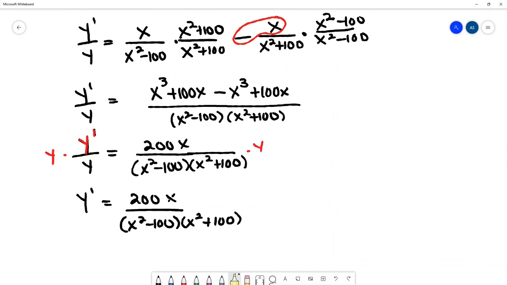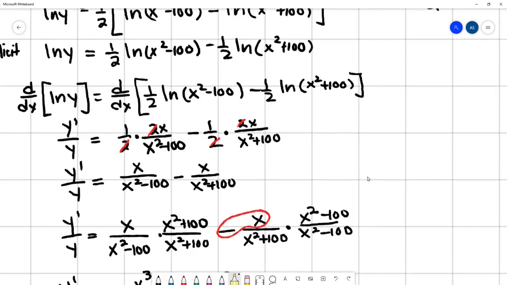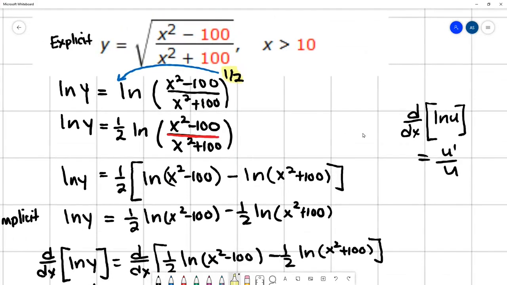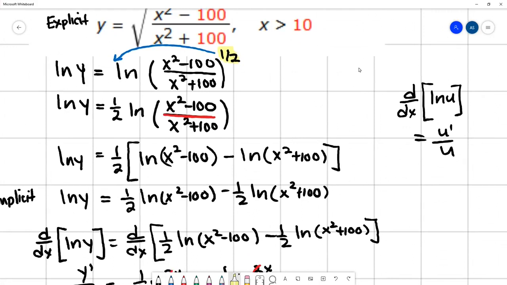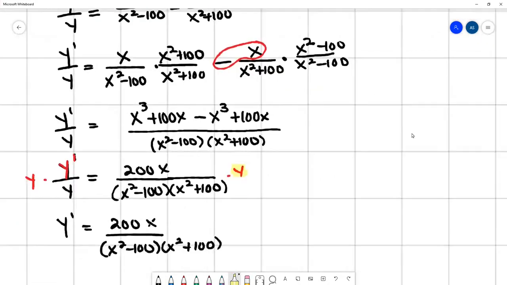And if you'll recall, y is the original equation that we were given. So let me just move back up for a second there to see what that is. That is the square root of (x squared minus 100) over (x squared plus 100). We can substitute that in for y.